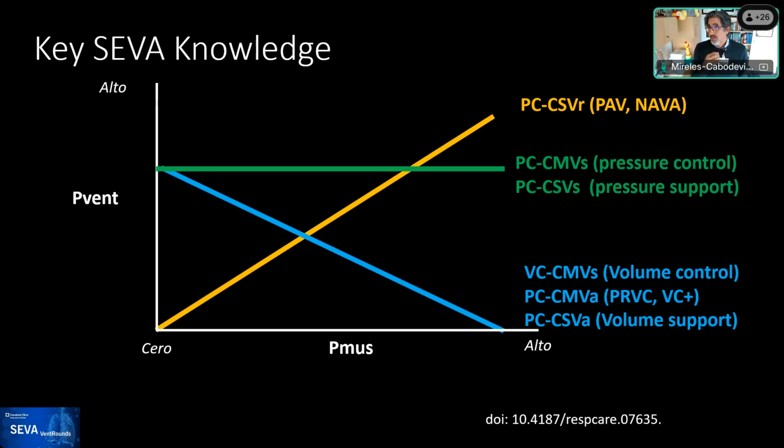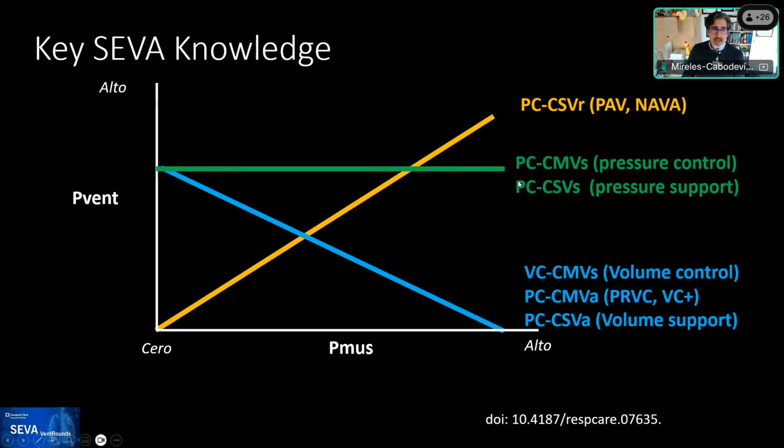All of those modes decrease the amount of pressure delivered by the ventilator as the patient does more effort. And we have seen some cases in which the patient is doing such high effort that if you're on volume control, you may actually be fighting or doing work on the ventilator, which is not a fun event.